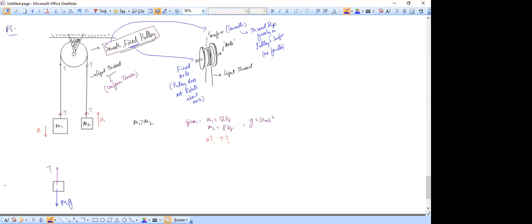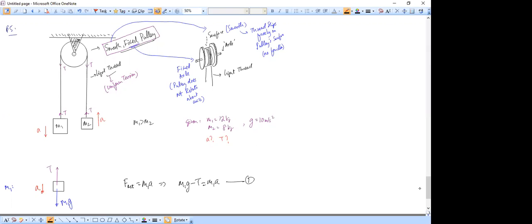So this is the situation for the block M1. Its equation: the net force acting on it is equal to mass into acceleration. So the net force is weight minus tension, because weight is dominating. So the net force is downward.